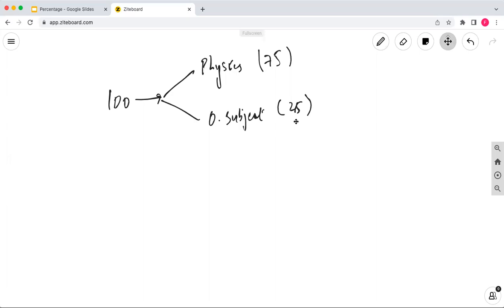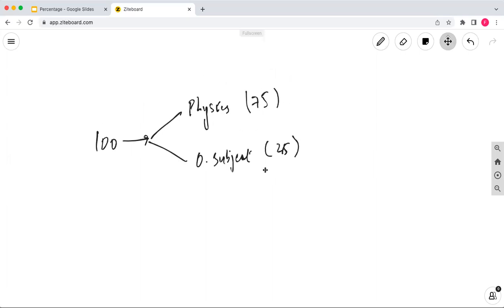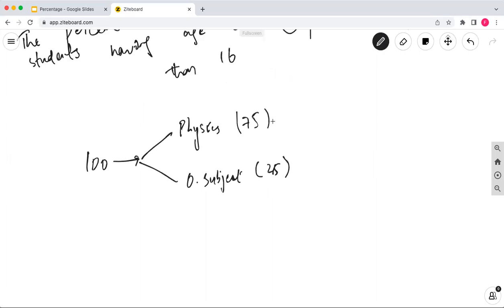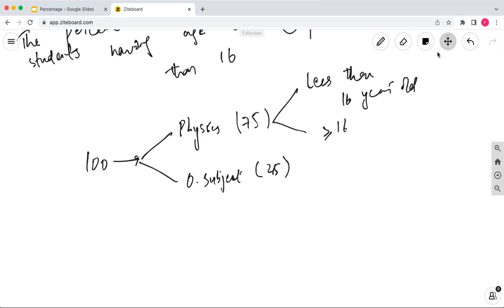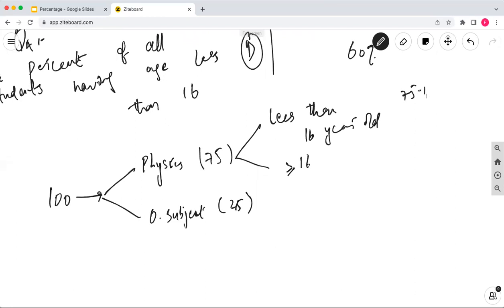The next thing is, of all the students who choose physics, 75% of physics students are less than 16-year-old, and the rest will be greater than or equal to 16, and these are 75% of 75. What is 75% of 75? Just give me a rough approximation instead of using a calculator. Yep, 51, 52.